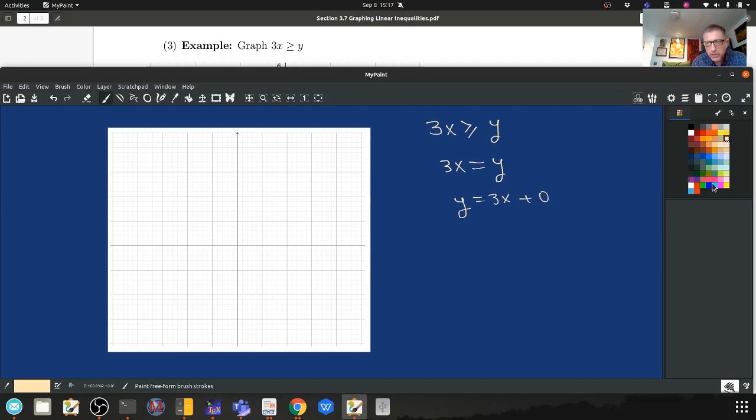In other words, y is equal to mx plus b. So that tells me that my slope is 3 over 1 and my y-intercept is 0, 0. So that's 1 point.